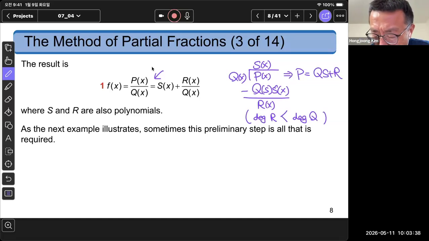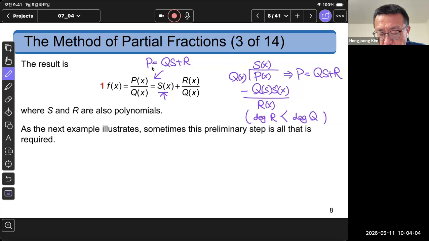So if p is replaced by qs plus r, then qs divided by q will give you s, and then you get r over q. So this s will be a polynomial as you expect, right? So s is a polynomial.